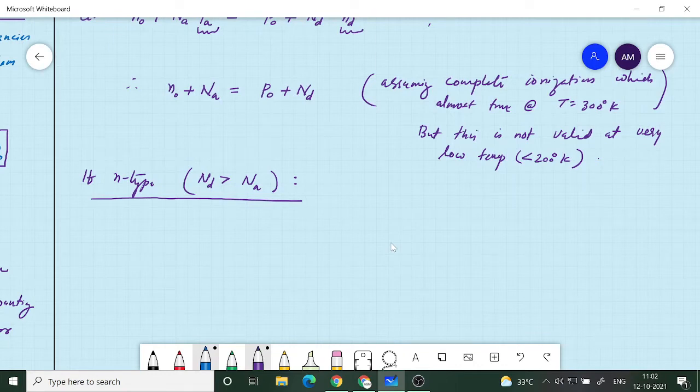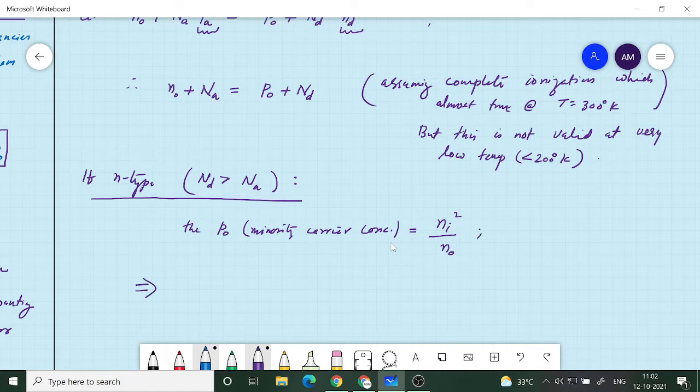If Na is greater than Nd, we would substitute differently. But if Nd is greater than Na, then P0 is the minority carrier concentration, which is equal to Ni square by N0, which I introduced earlier.